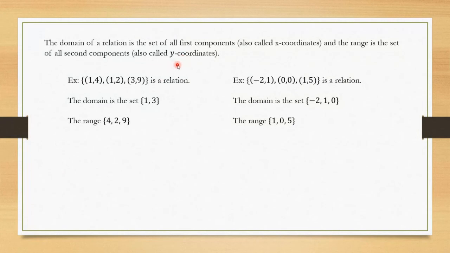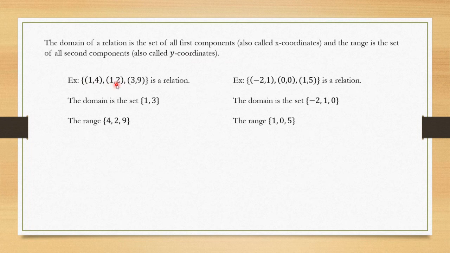So for instance, in this relation, I think it's the same one from the other slide, the domain here would be all these x coordinates. So it would be 1 and 3. We don't list an element more than once in a set.